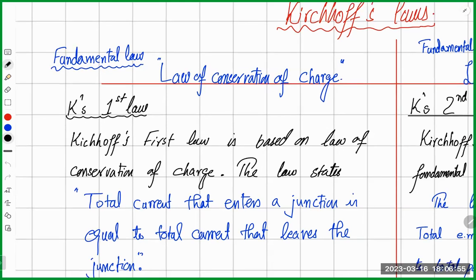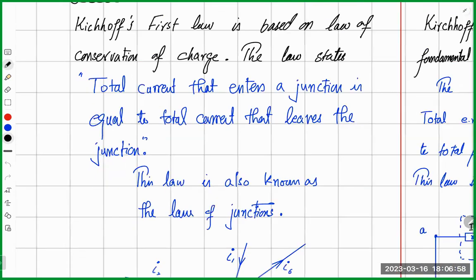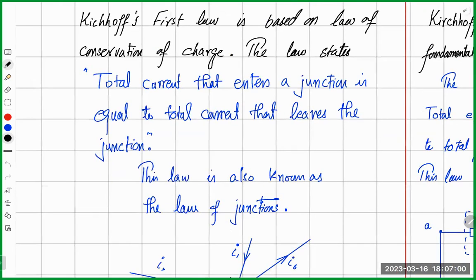The law states that the total current that enters a junction is equal to the total current that leaves that junction. Because it is about current coming and leaving a junction, this law is also known as Kirchhoff's junction law.